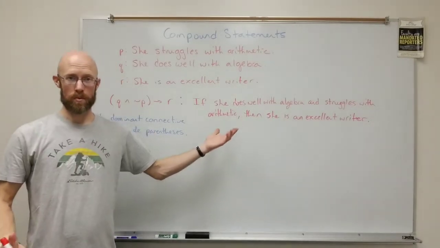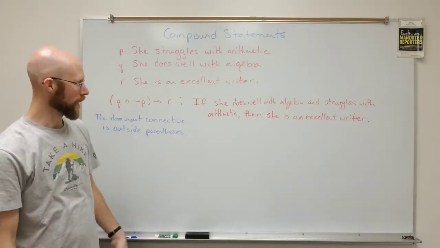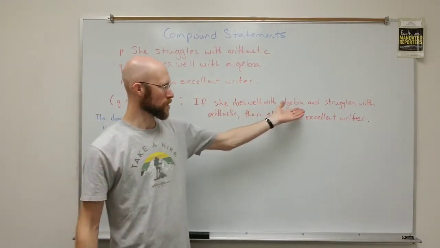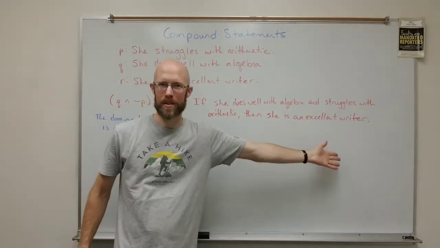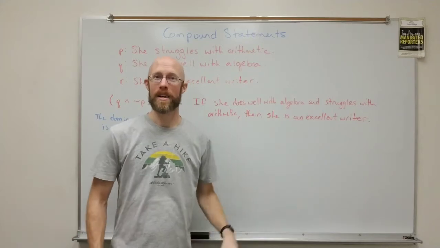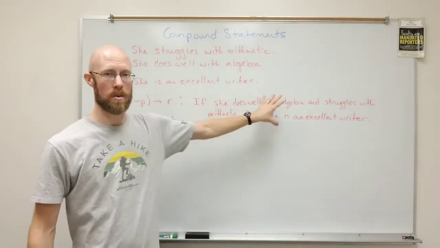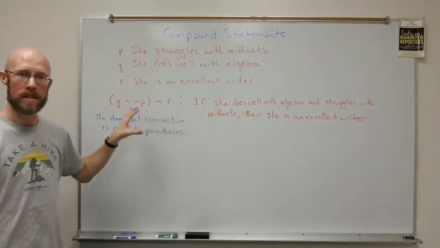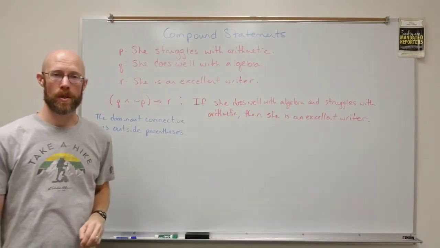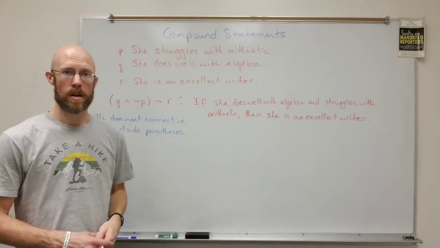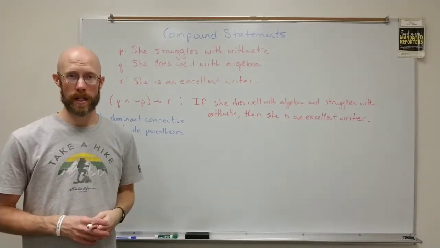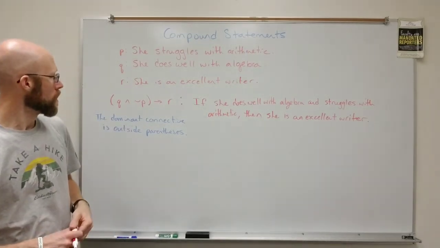Now, does it make any real sense? Probably not. What does doing well with algebra and struggling with arithmetic have to do with being an excellent writer? I don't know. It doesn't really matter. In this case, all I really want to know is how to translate based upon the symbolic form. Okay? How to get these things worded well in English. All right.